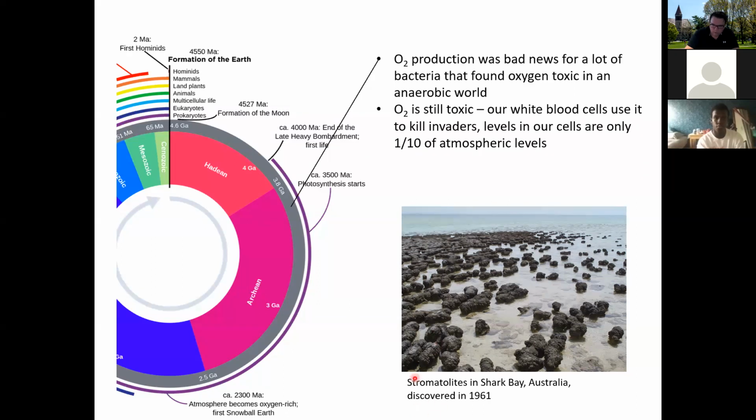So here's an example of something called stromatolite. They're located in Shark Bay, Australia. They were discovered and more accurately understood around 1961. These are examples of the first blue-green algae mats and first evidence of life forms that evolved during these conditions, where there are just singular cellular organisms layering on top of each other, creating these mats that look like mushrooms in Shark Bay.